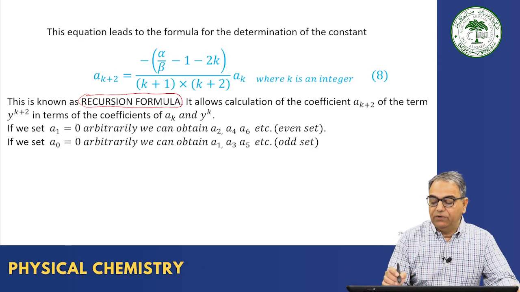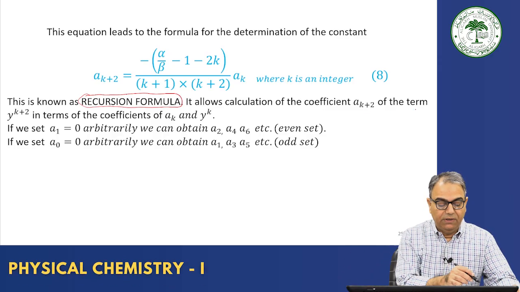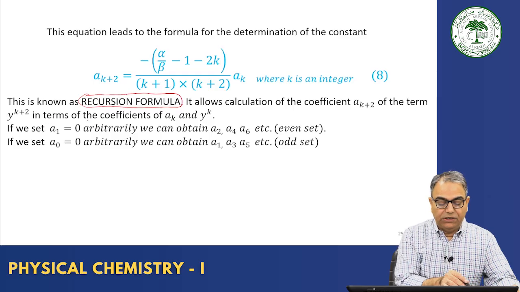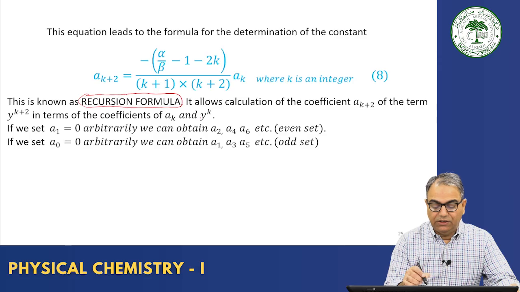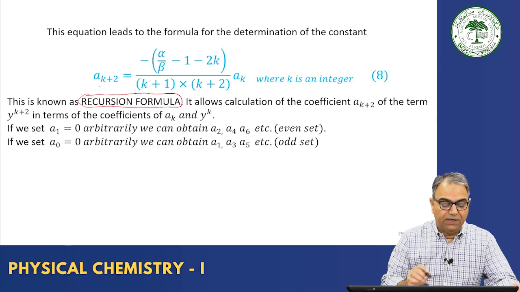So it allows the calculation of the coefficient a k plus 2 of the term y to the k plus 2 in terms of the coefficient ak. This is what it tells you: in terms of ak you can determine the value of a k plus 2.